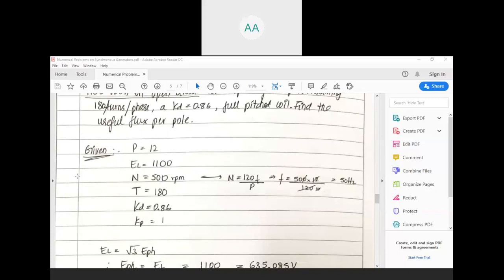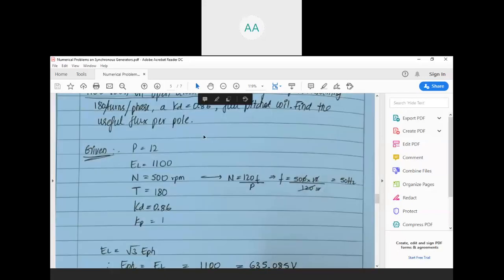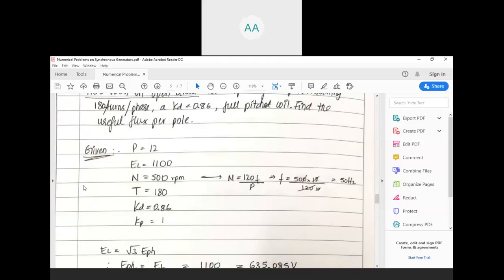Now what you can do here is take the number of poles P equals 12, which is given. EL, as I told you, is the line voltage. Next, N equals 500.